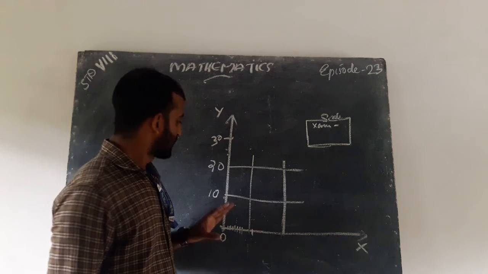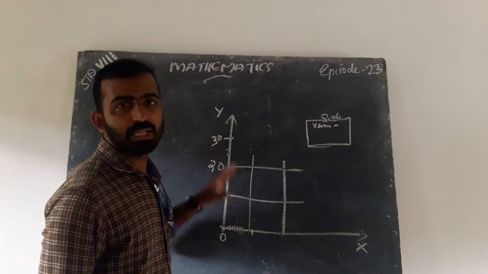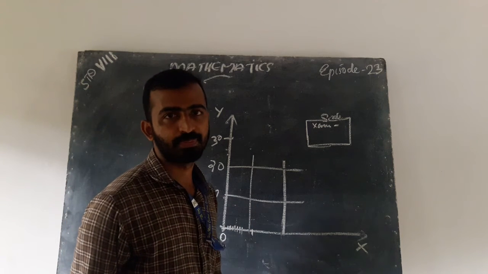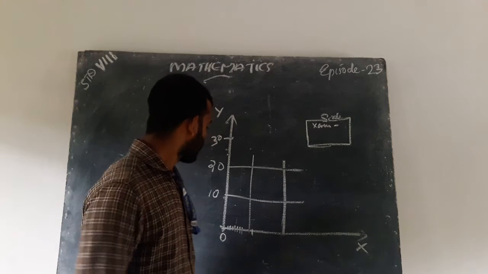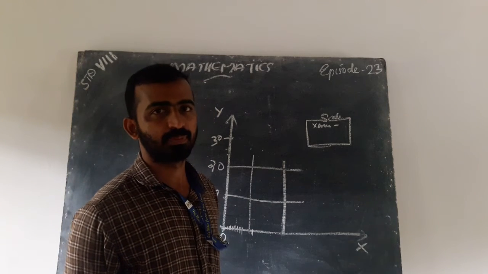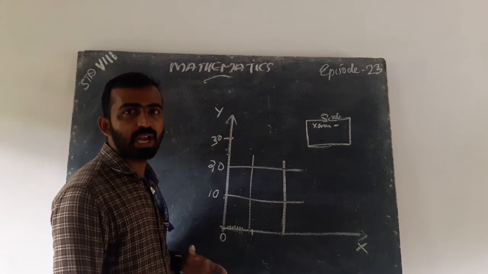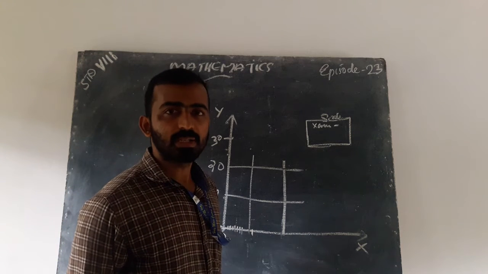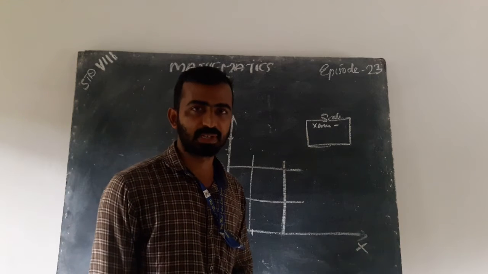We don't write 0, 10, 15, 20, 30, because we want a unique difference. You can also take 0, 2, 4, 6, 8, and you can also take 5, 10, 15. That is right. There is a unique difference.